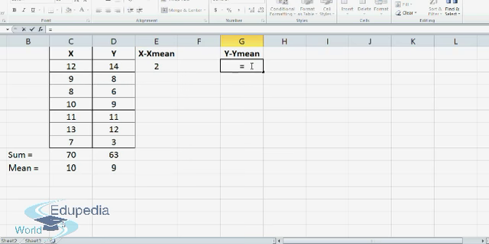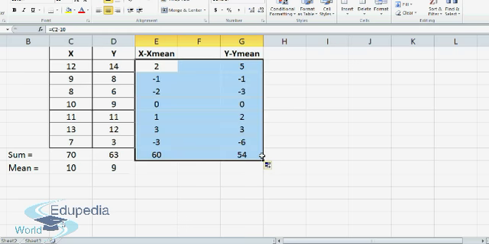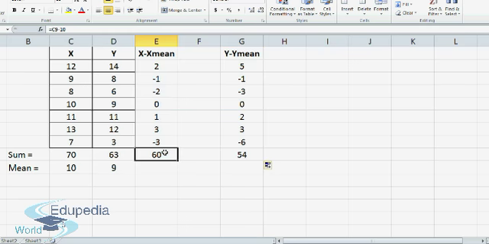The value of y here is 14 minus the mean of y, 9. Now let me drag them for all the cells. So here I have the means of x and y, and then I have subtracted them from the given values.